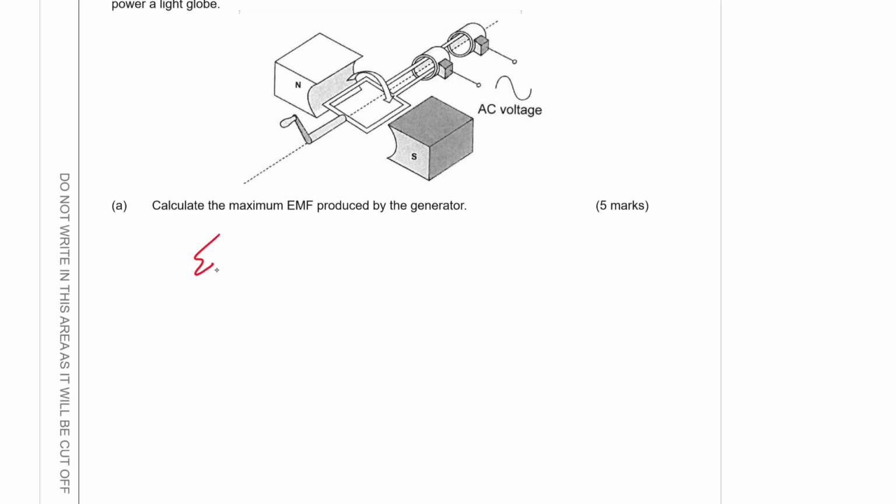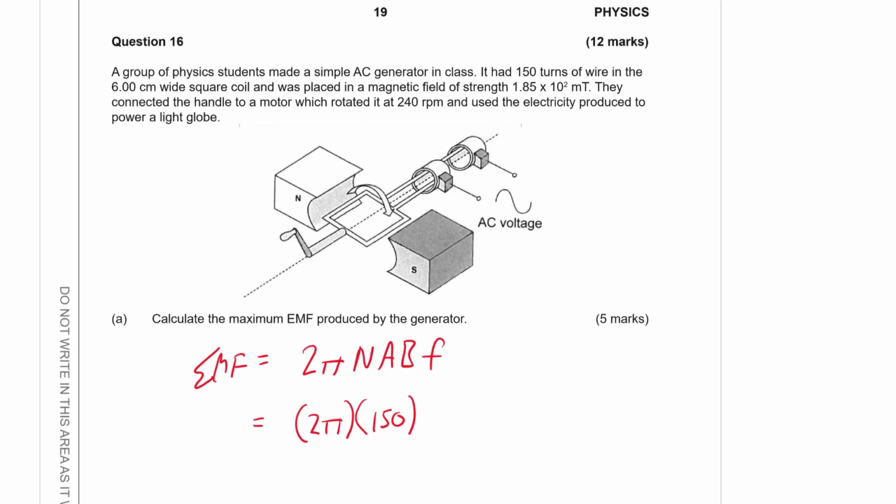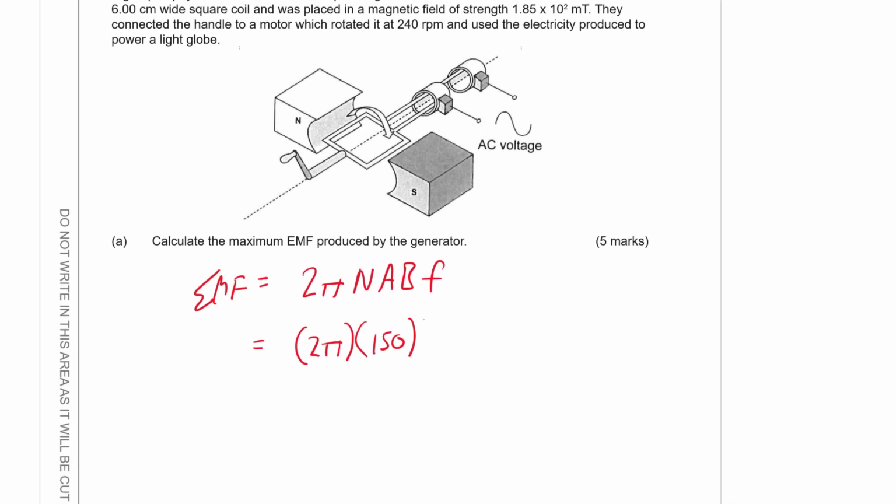So maximum EMF is going to be equal to 2 pi N A B f. Okay, so we have the 2 pi. N is your 150 turns. The area, so it's a square coil. I think it was, what was it? It was 6 centimeters squared, so 0.06 squared.